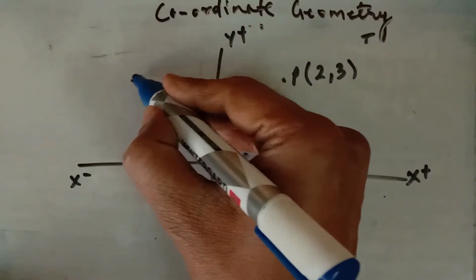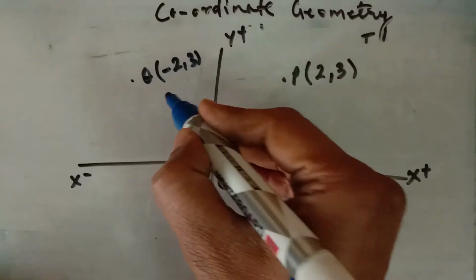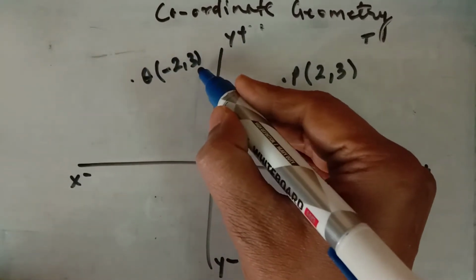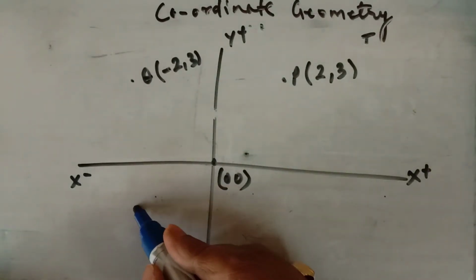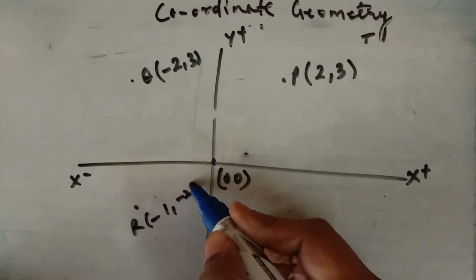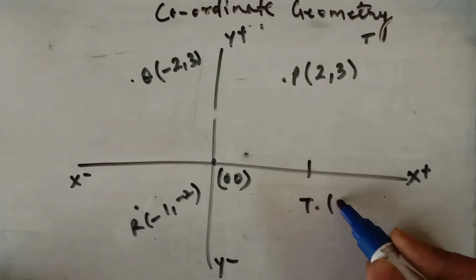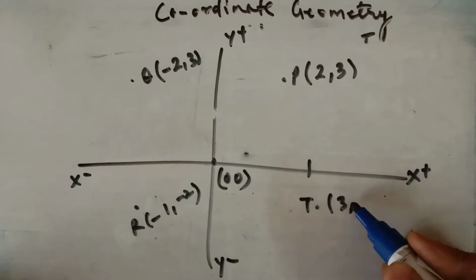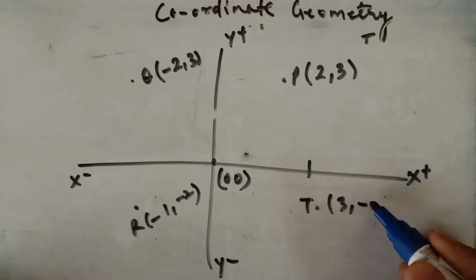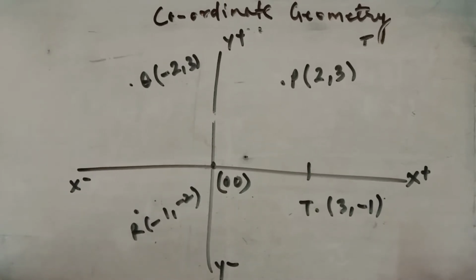If any point is in the second quadrant, let us take (-2, 3): the x coordinate is negative and the y coordinate is positive. If we take any point here, let us take (-1, -2), then both are negative. In the fourth quadrant, if we take any point, its x coordinate will be positive, let us take 3, and the y coordinate is -1. So these are points in the rectangular coordinate system.